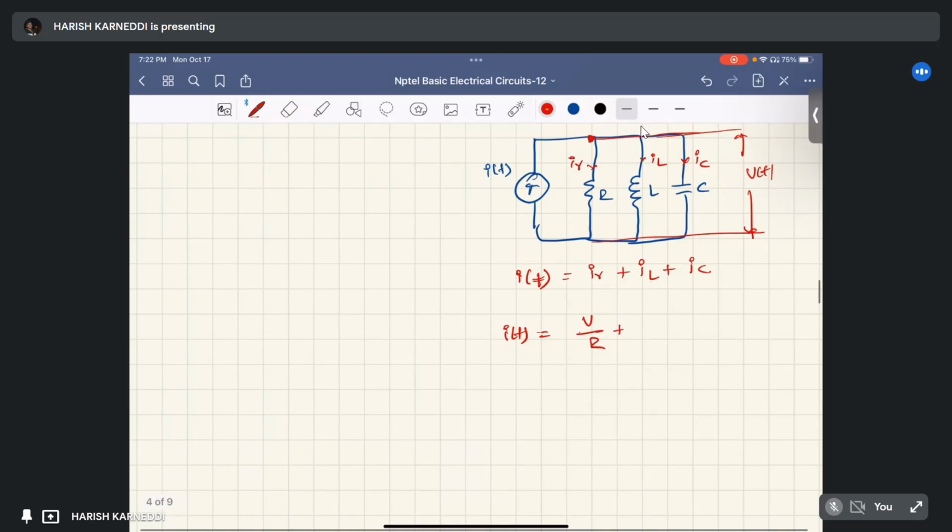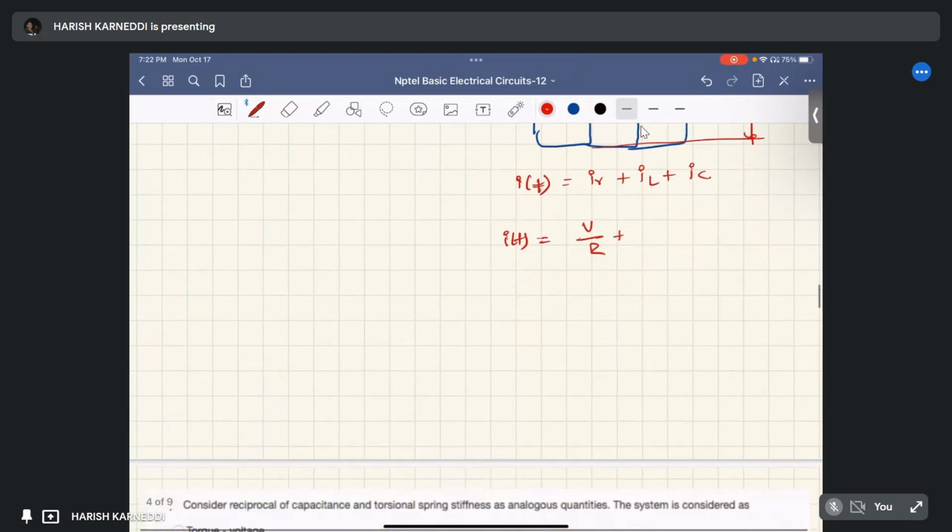The current through the inductor is 1 by L integral of V of t into dt. What about the current through the capacitor? I equal to C into dV of t by dt.